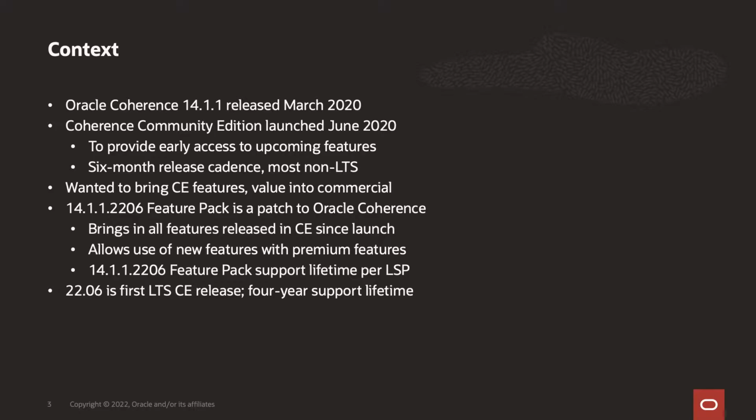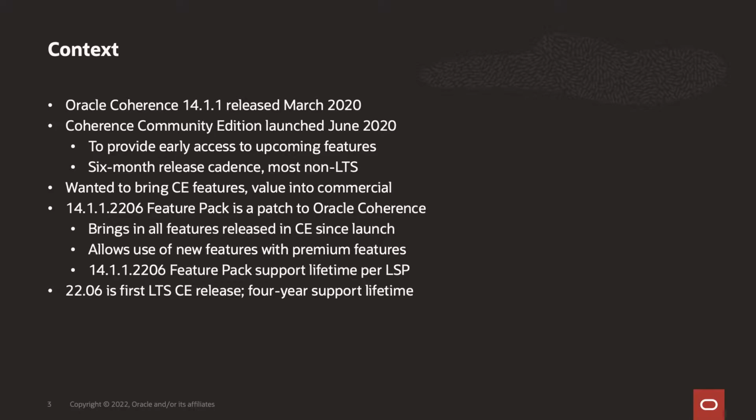It allows the use of these new features from Community Edition together with the premium features that are in commercial editions. For example, in Oracle Coherence Grid Edition, we have federated caching for multi-site architecture. We have Golden Gate Hot Cache for change data capture.